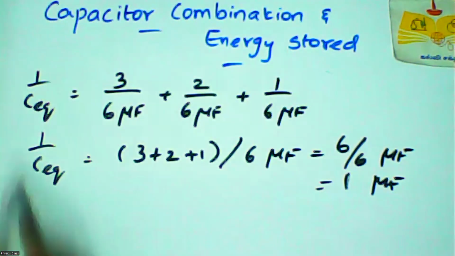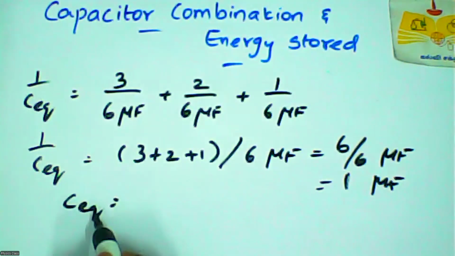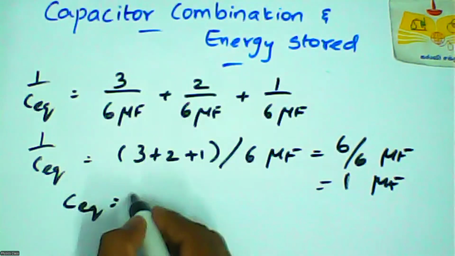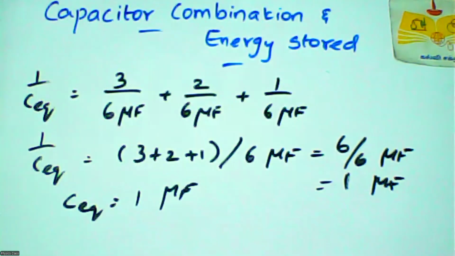So this is 1 by C equivalent. For C equivalent, we have to take the reciprocal, so that's also 1. The equivalent capacitance is 1 microfarad for this problem number 1. Clear? Note it down. I will move into the next sum.